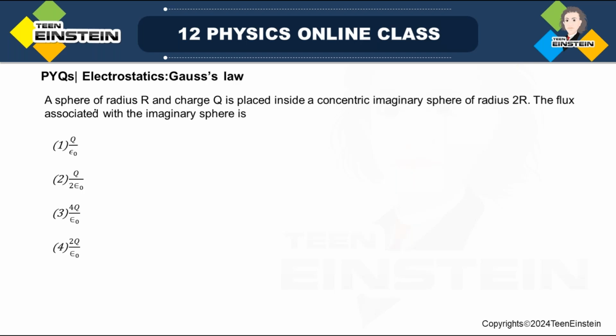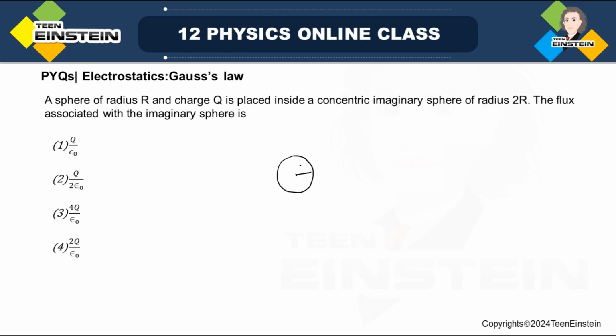Now see here, the question says a sphere of radius capital R and charge Q is placed inside a concentric imaginary sphere of radius 2R, then the flux associated with the imaginary sphere is? See, suppose there is a real sphere.